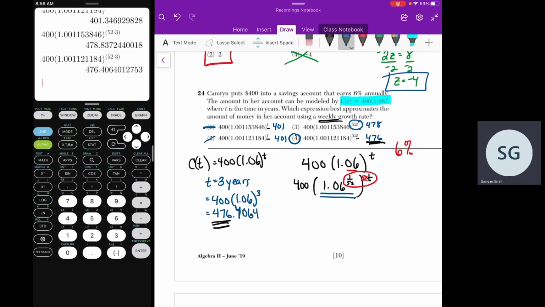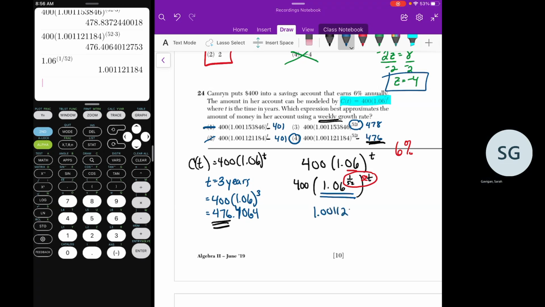So type in that number, 1.06, and again, put parentheses around 1 divided by 52. That's going to get you that 1184 number, but you still have a 52T out here, and the 400 out here. So that's two reasons why it's choice 4.